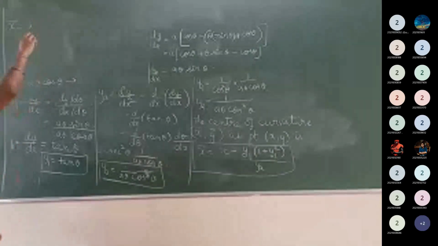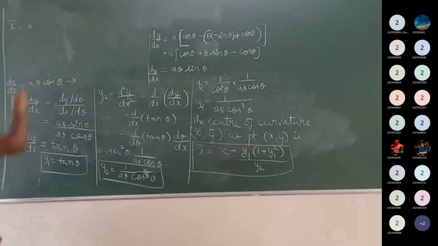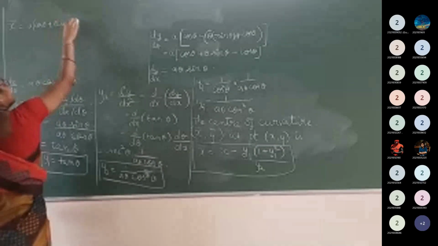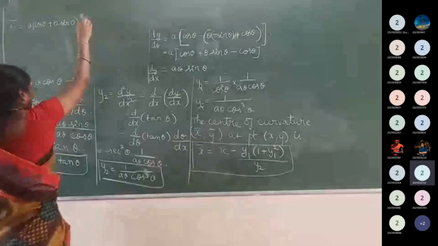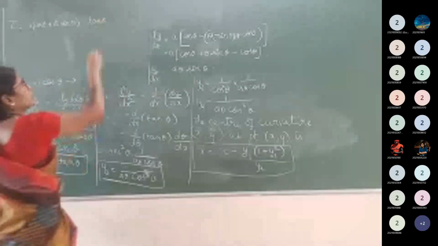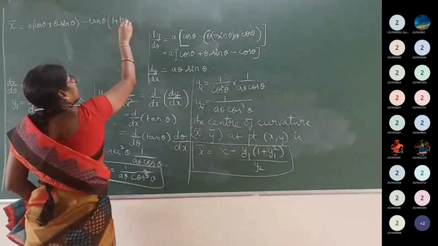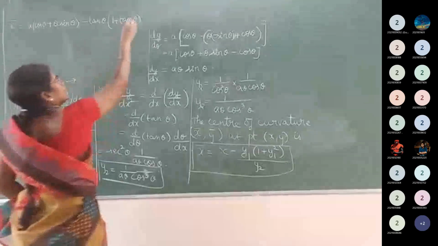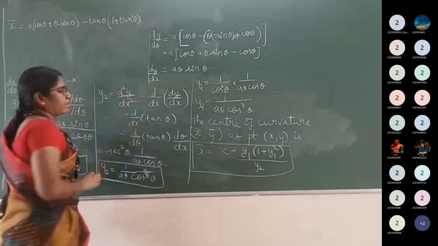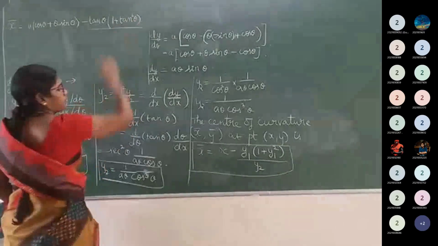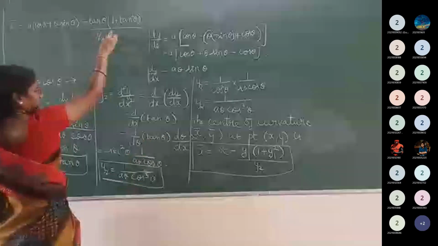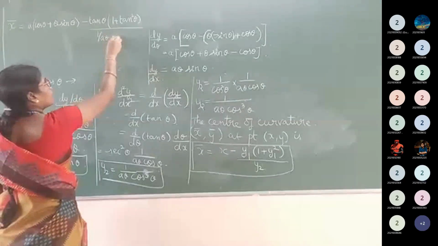So a into, tell me, a cos theta plus a theta sin theta minus your y1, which is tan theta, then into 1 plus tan squared theta divided by, what is y2? y2 is 1 by a theta cos cube theta.